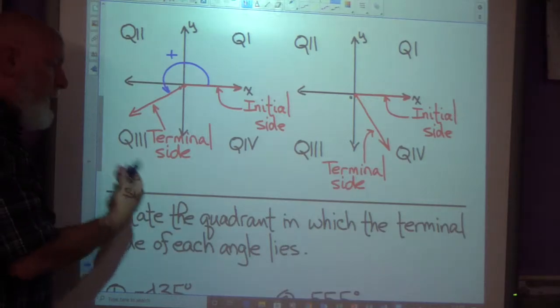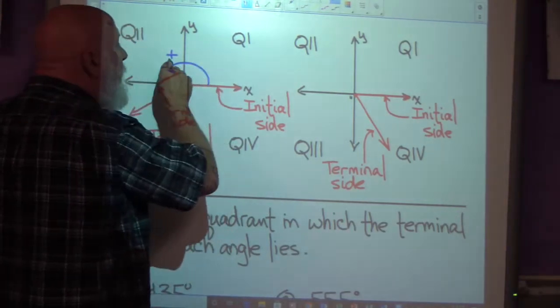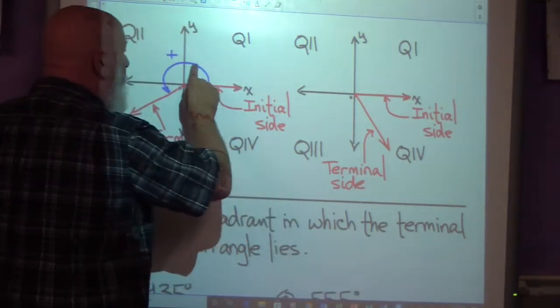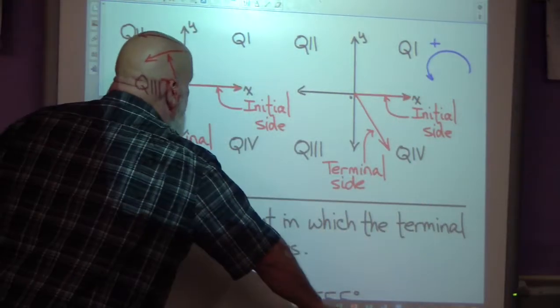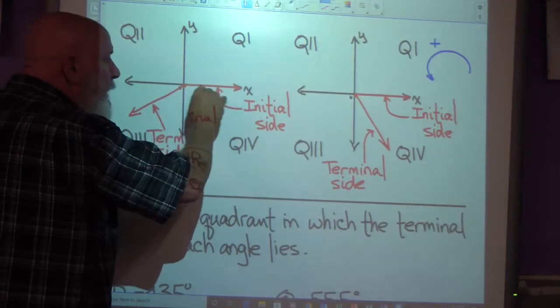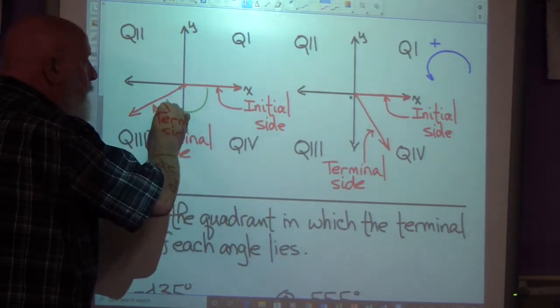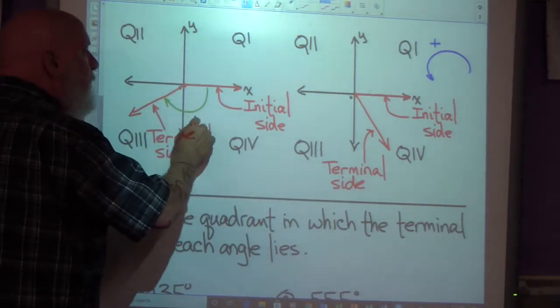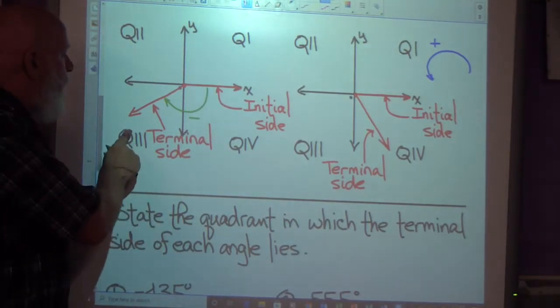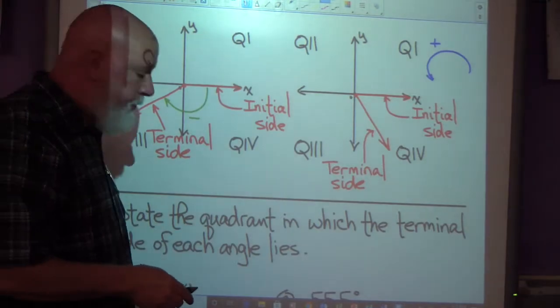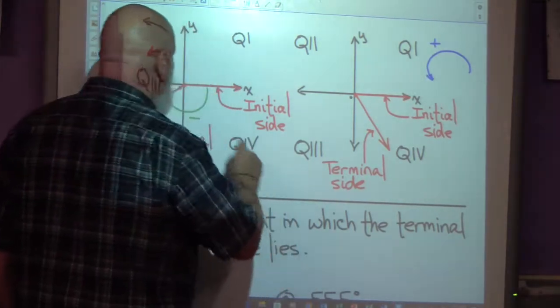So the terminal side stops in quadrant 3, regardless of whether it's a positive rotation or a negative rotation. We start here and rotate in a negative direction. If we stop right here, that is a quadrant 3 angle, terminal side. Okay?